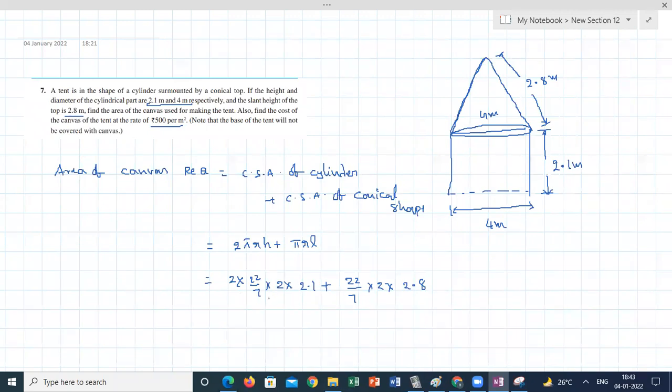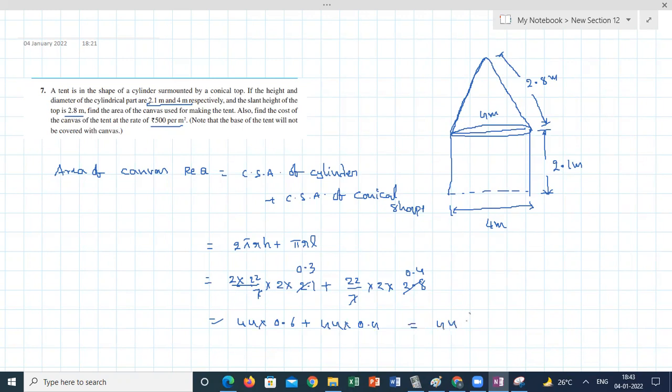Here, however you want, you can do it. This is 7 into 0.3 times and 7 into 0.4 times. So 2 into 22 is 44, into 2 into 0.3 is 0.6, plus 44 into 0.4.